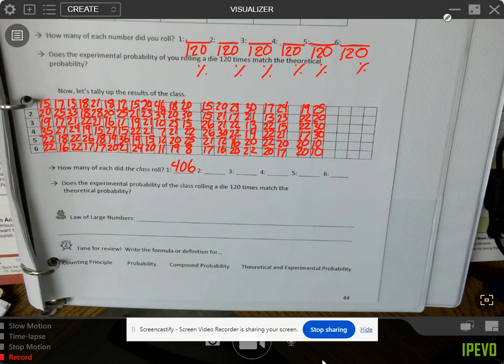I got 449. How many of us got 449? Okay.